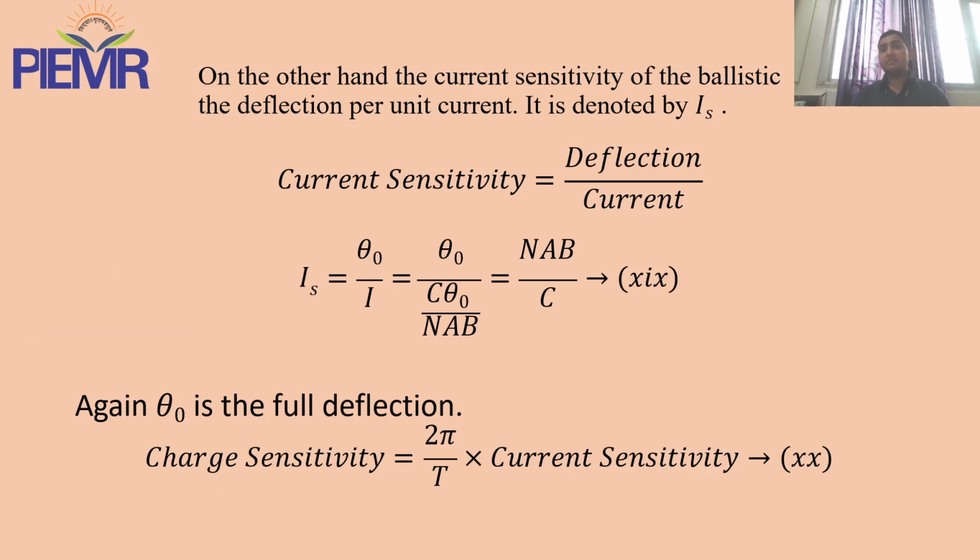The current sensitivity, how the current is sensed by a particular instrument and deflects the ballistic galvanometer, is given by NAB upon C. So we say the charge sensitivity is 2 pi by T times the current sensitivity.